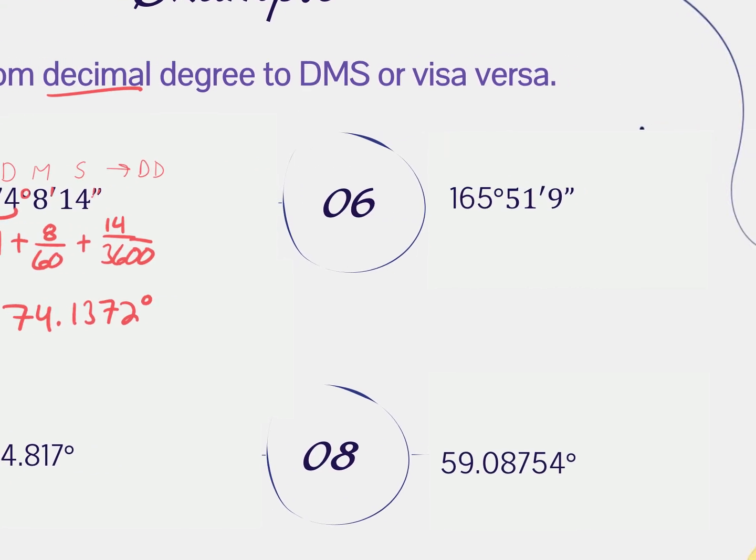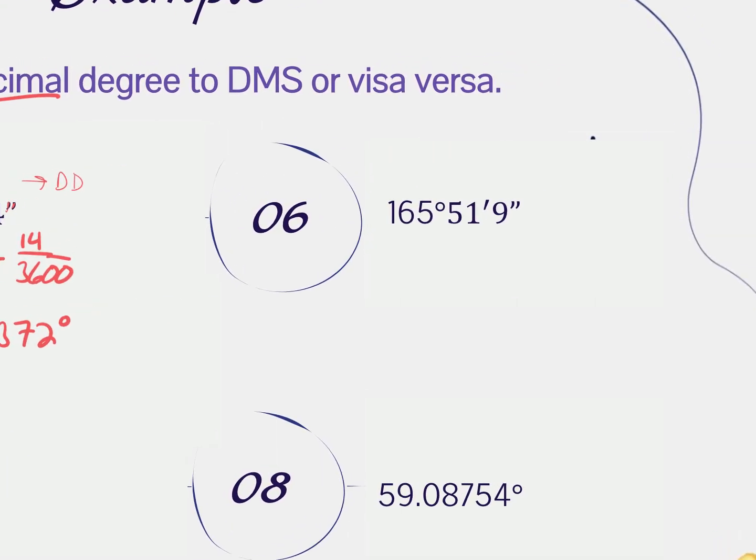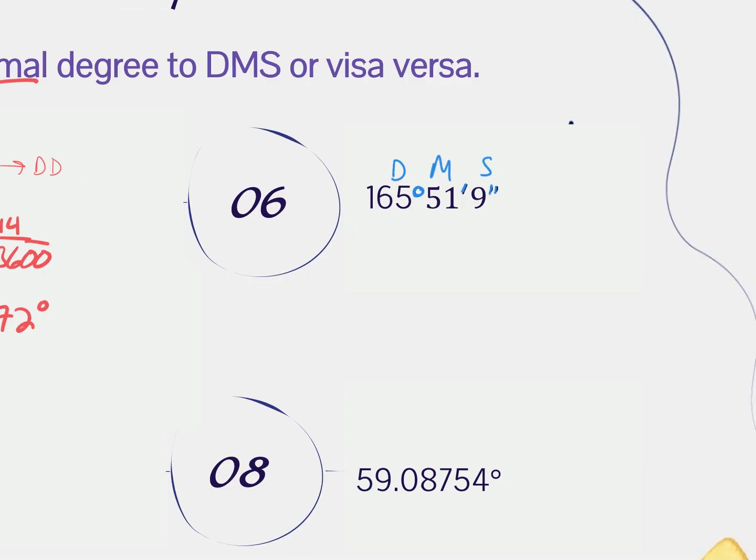I'll try another one. Again, this is in degree, minute, second notation. I have the degree of 165, the minute of 51, and then the seconds of 9. So again, what we're going to do is I'm going to do the whole number, the degree, plus the minutes over 60, plus the seconds over 3,600.